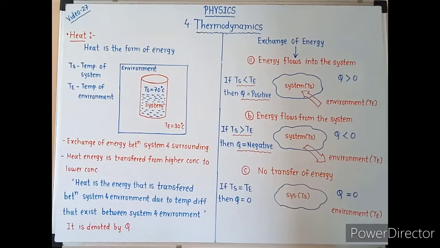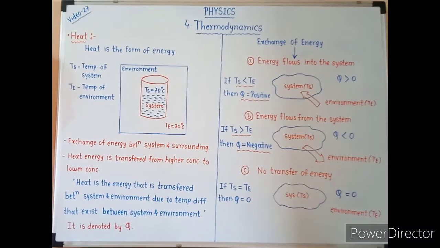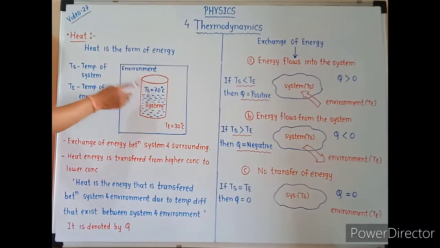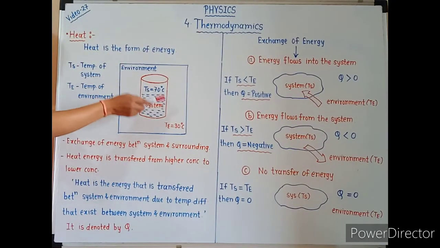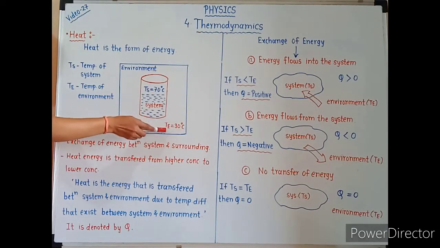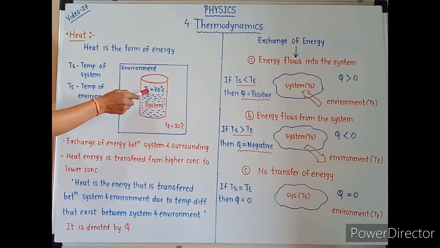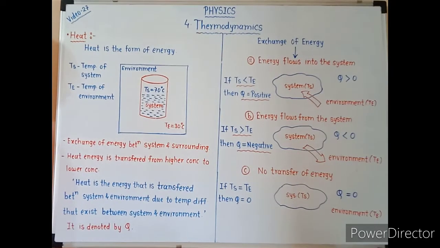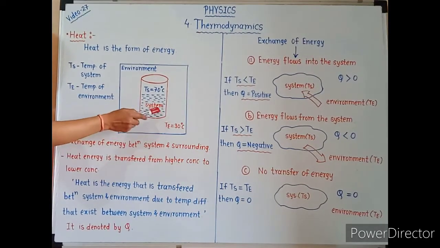If the temperature of the system is not equal to the temperature of the environment, the temperature of the system will change until both the temperatures are equal. As Ts is not equal to Te, Ts will change until both are equal, and at that time thermal equilibrium condition is maintained between system and environment.